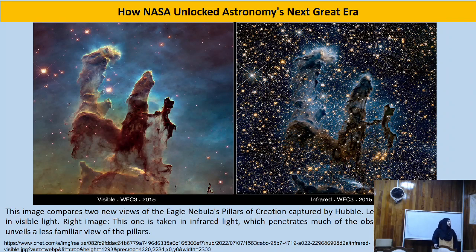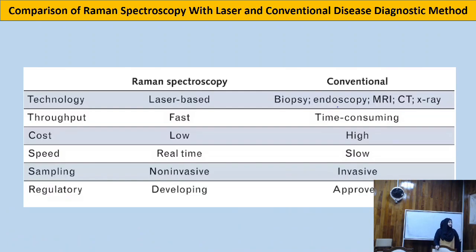The picture on the left is taken in visible light, and the picture taken with infrared light has more information, as infrared light penetrates more into the dust and other particles, so we can see more information of the Eagle Nebula's Pillars of Creation.